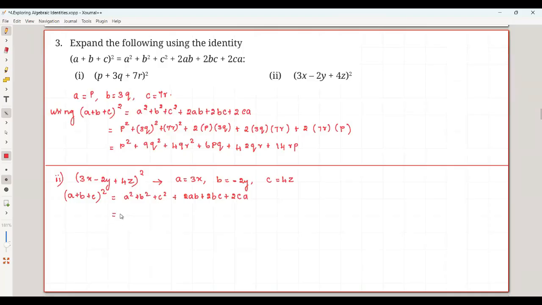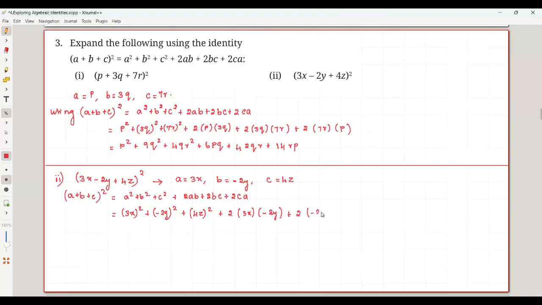Okay, so replace the formula. So a square means you'll be getting 3x the whole square. Okay, 3x the whole square plus b square, minus 2y the whole square, plus c square, 4z the whole square. Okay, now plus 2 into a value is 3x, b value is minus 2y, 2ab plus 2bc.